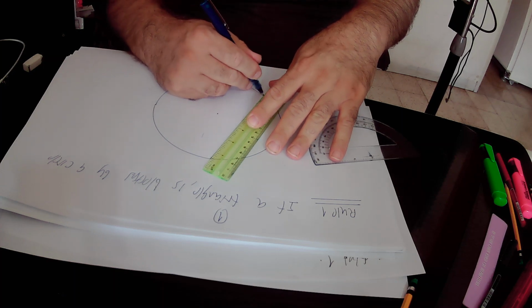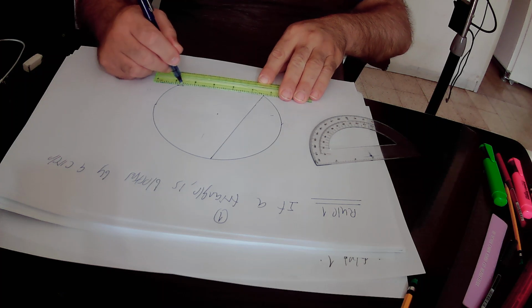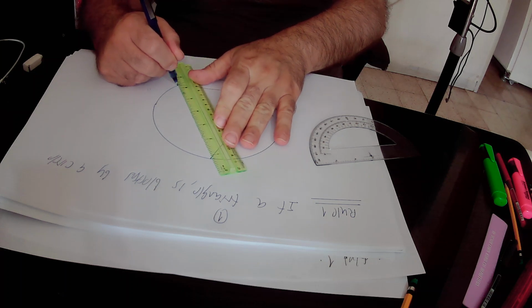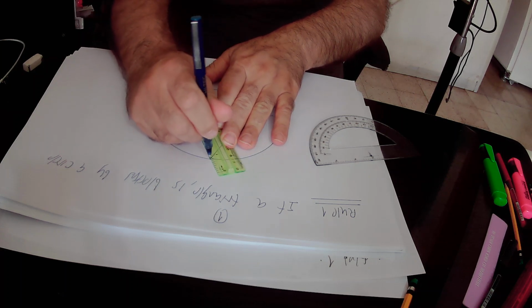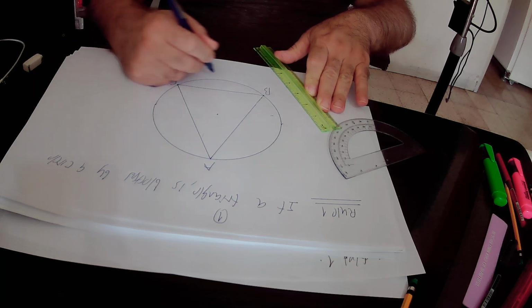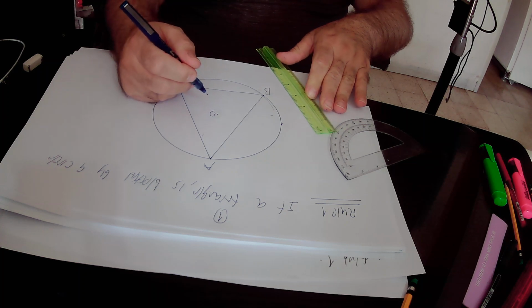This is triangle ABC, and actually triangle ABC is blocked by this circle. The center of this circle is at point O.